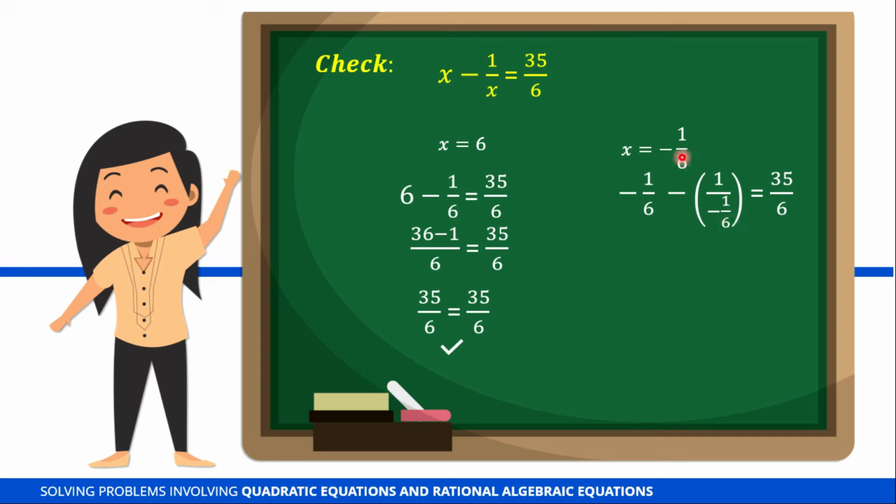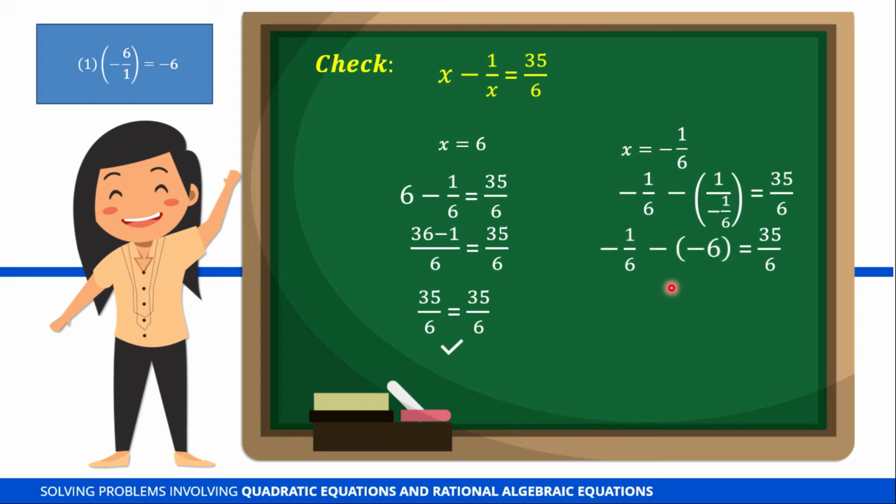Ngayon, ang reciprocal ng negative 1 over 6, kapag inayos natin ito, okay, tignan natin mabuti, magiging 1, imbes na 1 divided by negative 1 over 6, it will be 1 times negative 6 over 1. So kapag sinimplify natin, 1 times negative 6, that's negative 6 divided by 1. Answer is negative 6. So ang reciprocal ng negative 1 over 6 ay negative 6.